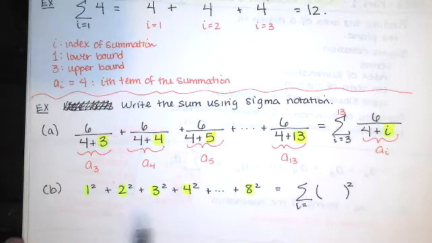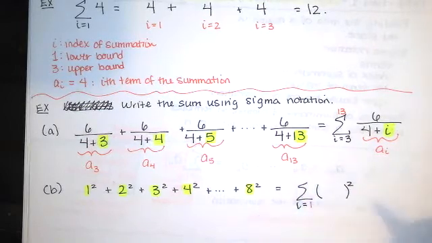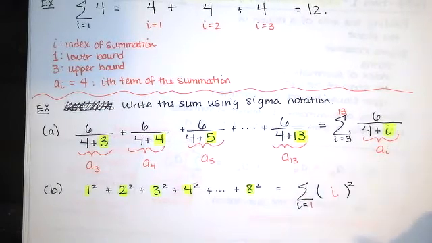Now the first value of that number needs to be the first value of the index of my summation. Now you could start in a different place and write a slightly different formula here. There's infinitely many ways to write this, but we're going to try to write this in the simplest way possible. Since we start by summing a 1 squared, let's let I start with 1 and make that I squared.